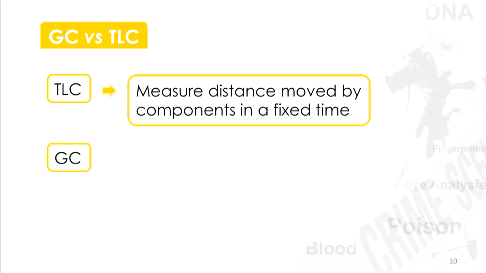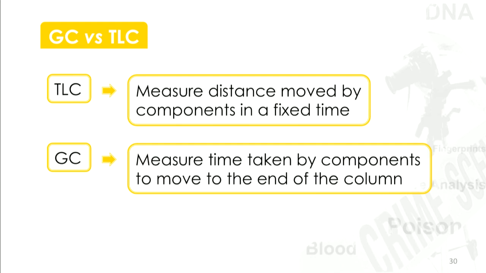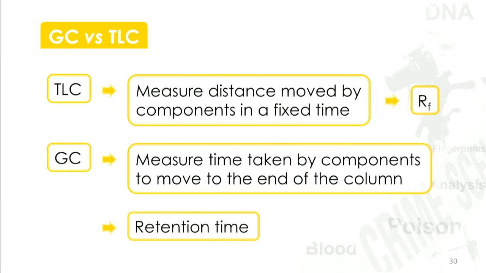Because the distance moved by the components is fixed, it's the length of the column. So what we are measuring is the time it takes the different components to get to the end of the column. So we cannot use the RF, the retention factor, that we did in TLC. Instead, we use the retention time. That is the time for that component to travel through the column.